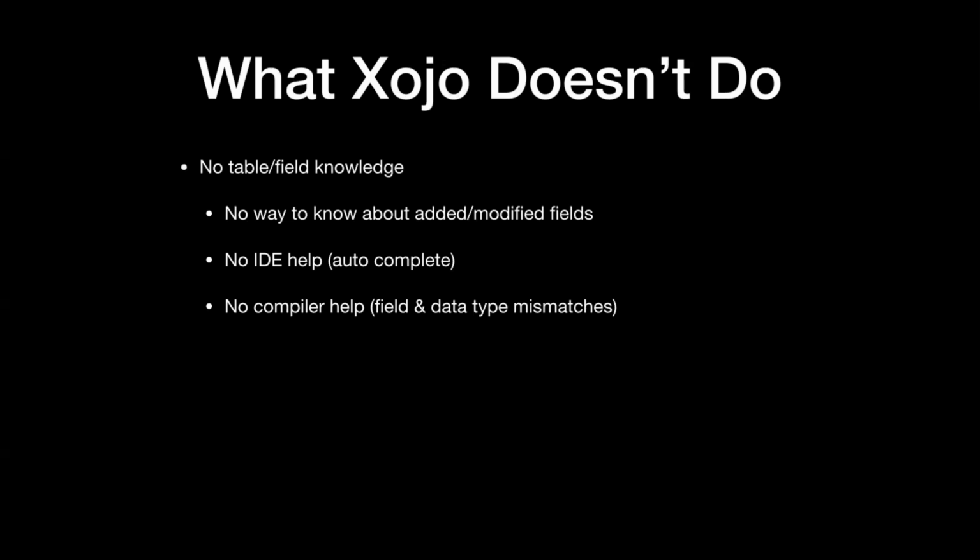One of the great things about Xojo is you can do the autocomplete for objects and properties and methods on those objects, and the IDE does none of that for you when it comes to databases. Likewise, it has no compiler help.